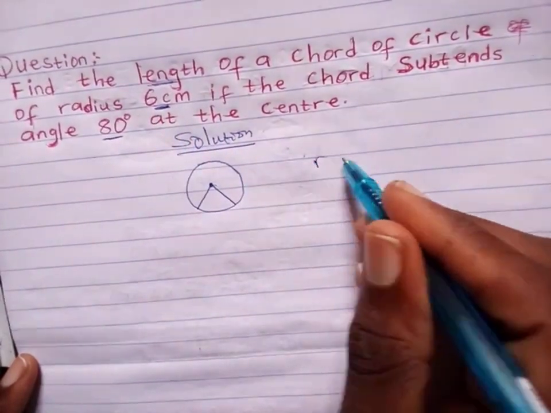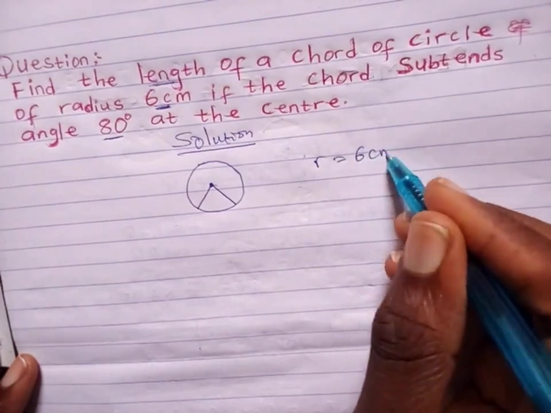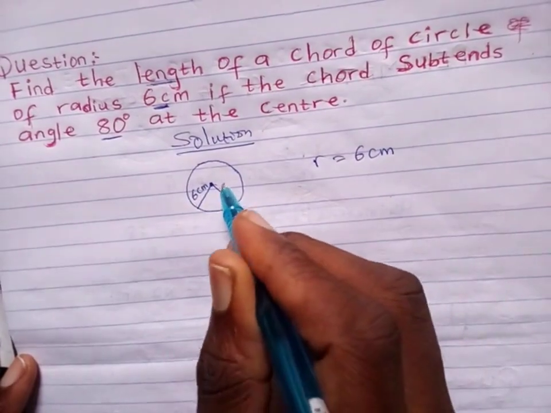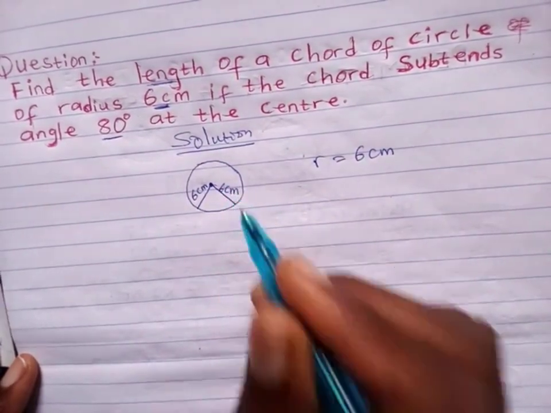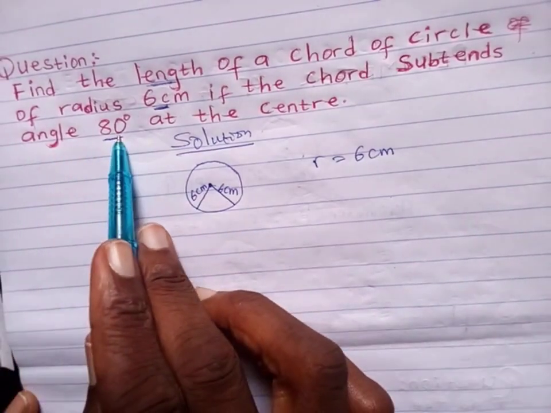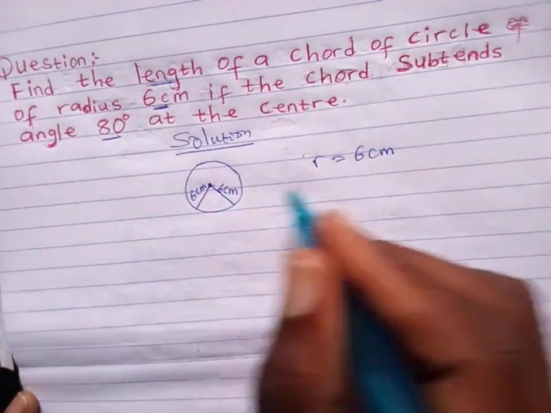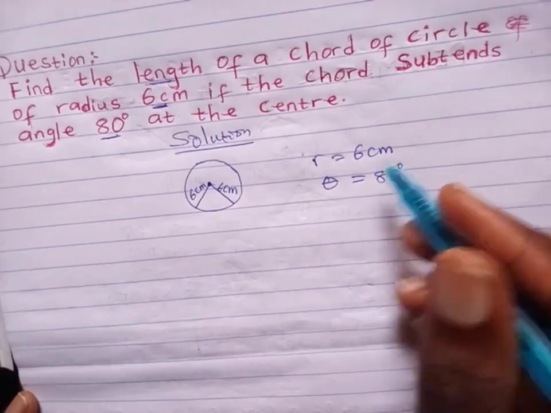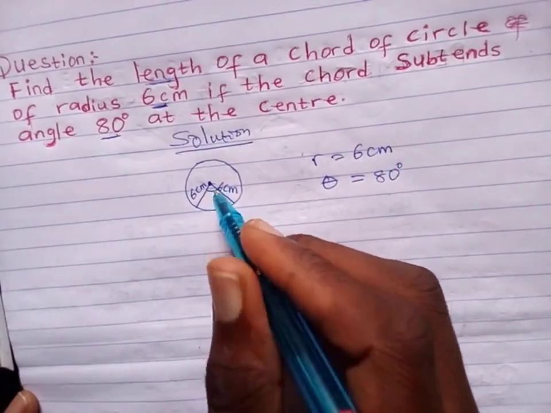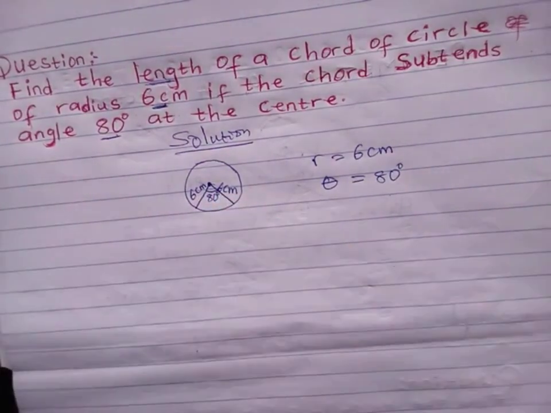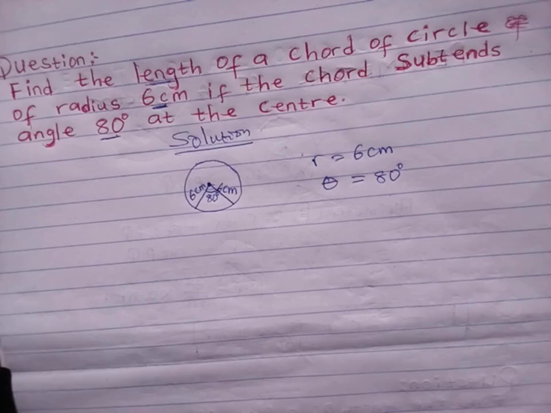We are given that R is 6 centimeter. So here is 6 cm. This side is also 6 cm. And we are told that the angle subtended at the center is 80 degrees, meaning that theta is equal to 80 degrees. So here we're going to call it 80 degrees. This is the angle subtended at the center.